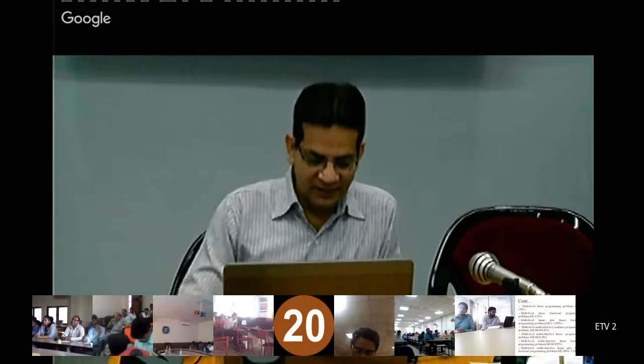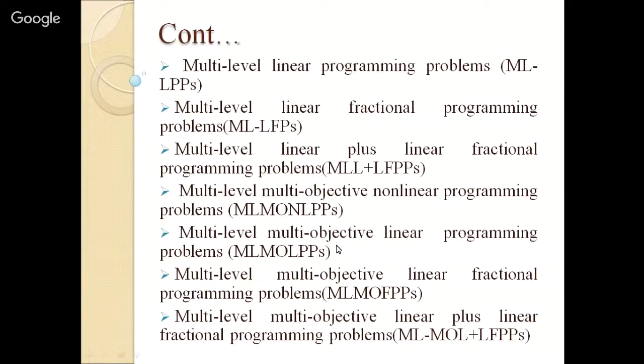But then multi-level, multi-objective linear programming. If objective functions are in linear format, then it is called multi-level, multi-objective linear. Then multi-level, multi-objective linear fractional programming, where objective functions are in numerator upon denominator format.